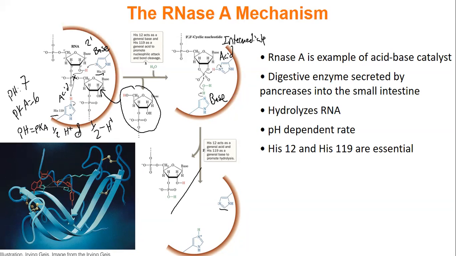Your histidines are back and ready to go, where the top can now act like a base, and the bottom can now behave like an acid. So that is a concerted acid and base reaction. And that is how the mechanism of RNase A works. Rather simple, again, two histidines acting like an acid and a base.